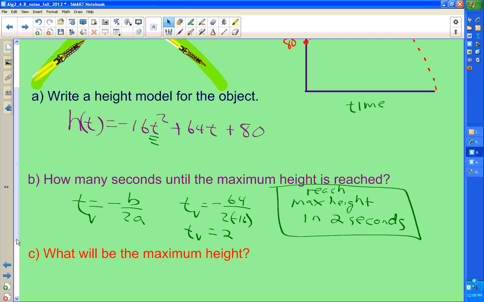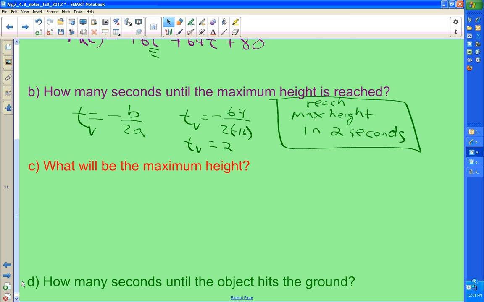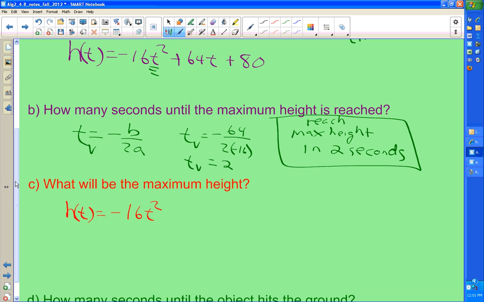The third question is a follow-up on the B question. What will the maximum height be? Well, the maximum height will be the y component, or in this case the h of t component, of the vertex. h of t equals negative 16t squared plus 64t plus 80. What are we going to plug in for t if we want the maximum height? The answer to that B question, 2 seconds.